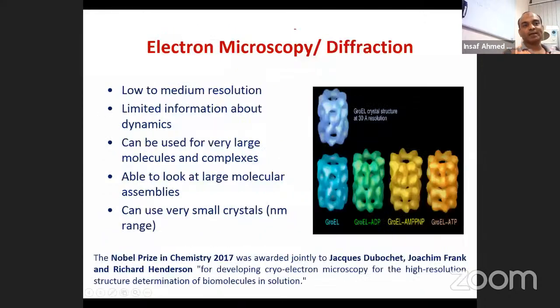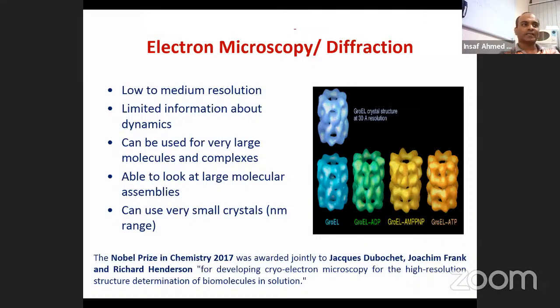Getting soluble protein, I have discussed a lot of methods. Another technique which is routinely used to determine the three-dimensional structure, and which recently received the Nobel Prize in 2017, is cryo-electron microscopy.